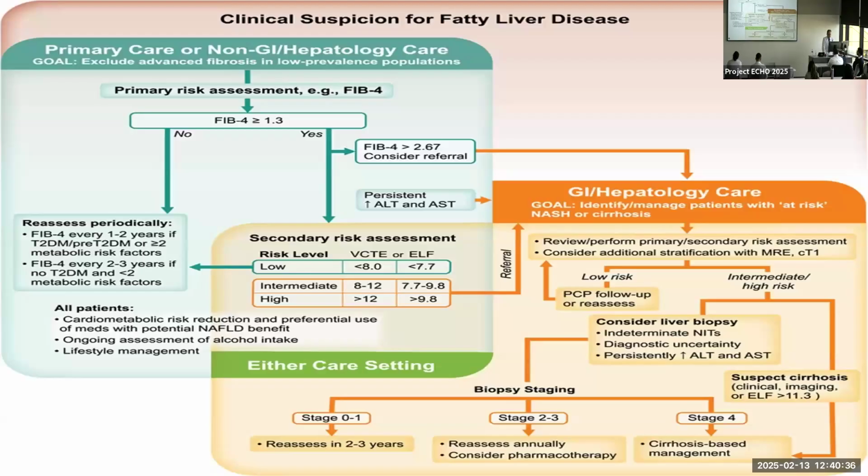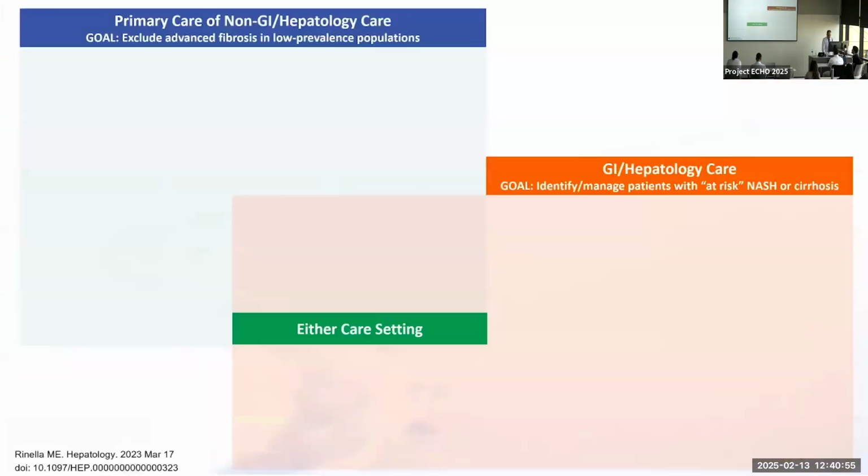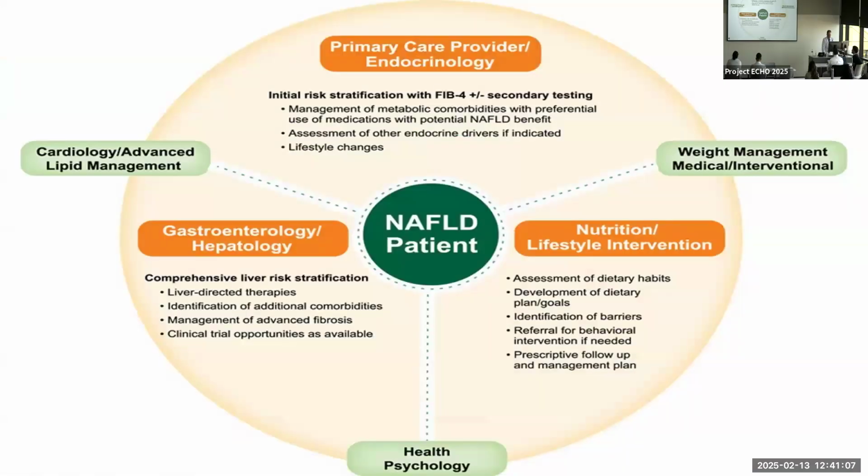And this is the last part of my presentation. I think I still have time, like 5 minutes, so I'll be a little bit fast. It seems to be very crowded here, but it's more important for us, the internal medicine group, family medicine group, and the primary care group. So, primary care, non-GI hepatology care, GI hepatology care, and either setting, we have to cooperate very nicely, as I said at the beginning of the presentation.